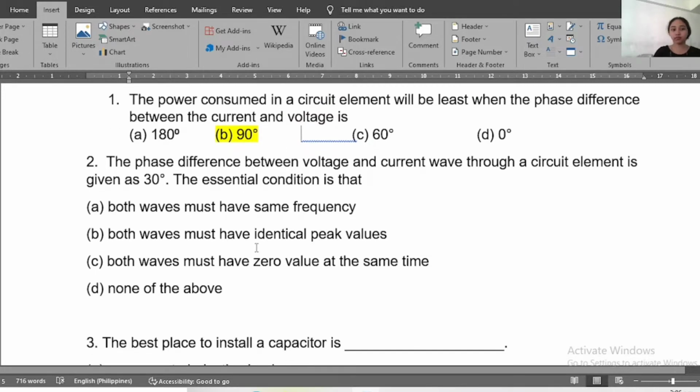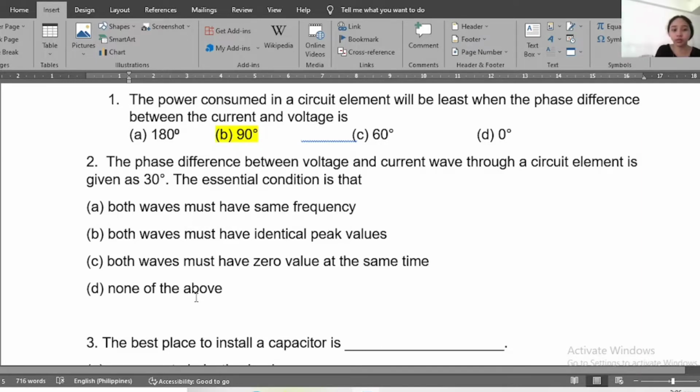The phase difference between the voltage and the current wave through a circuit element is given as 30 degrees. The essential condition is that A, both waves must have the same frequency. B, both waves must have identical peak values. C, both waves must have zero value at the same time. D, none of the above.